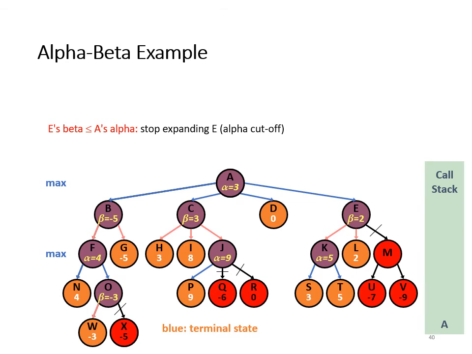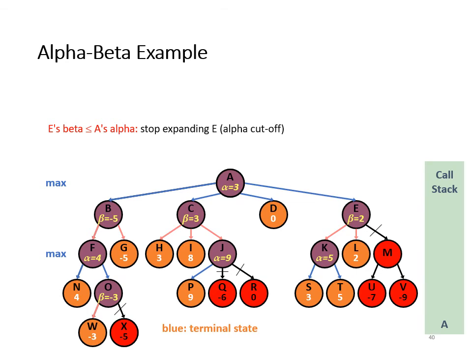So the maximum value of S and T will be 5. So alpha value equals 5 here. And beta will take the minimum value because it is the opponent's turn. So the minimum value of K and L will be 2.